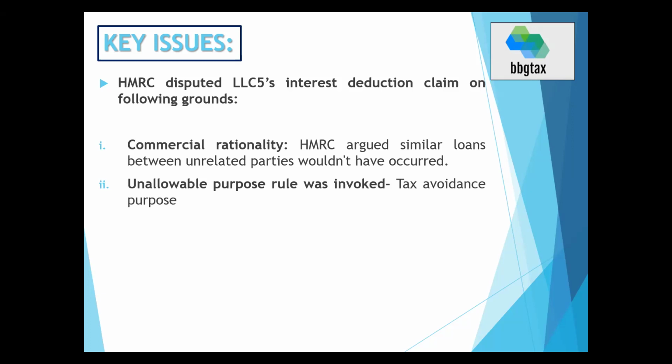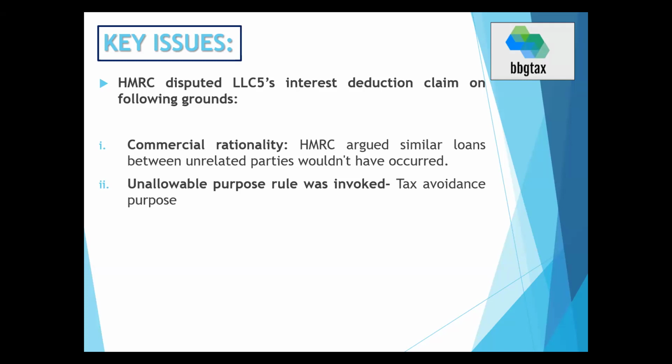The second ground raised by HMRC was that it further relied on the unallowable purpose rule in section 441 of the CTA. The unallowable purpose rule is engaged where the unallowable purpose condition is met.